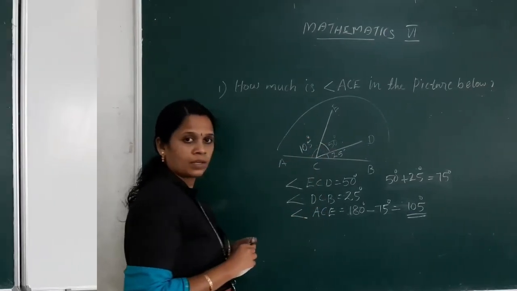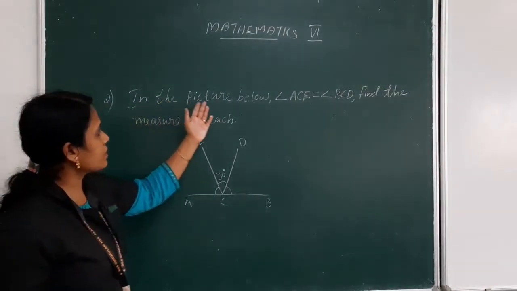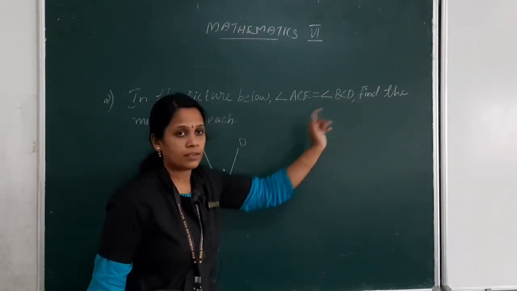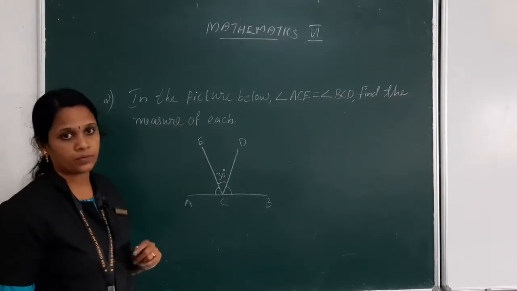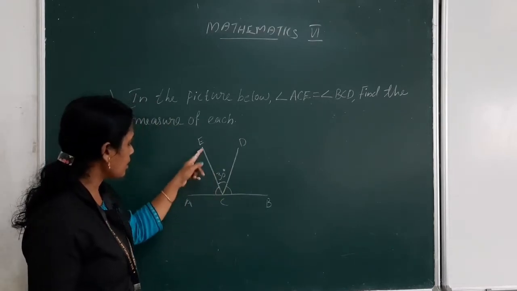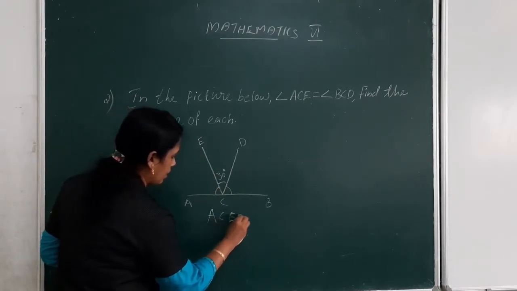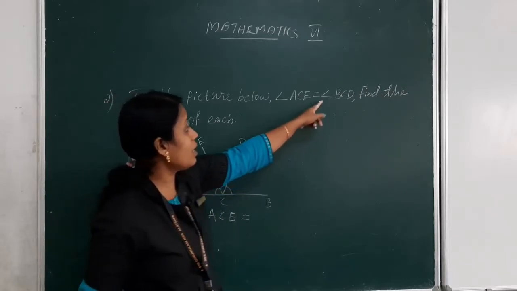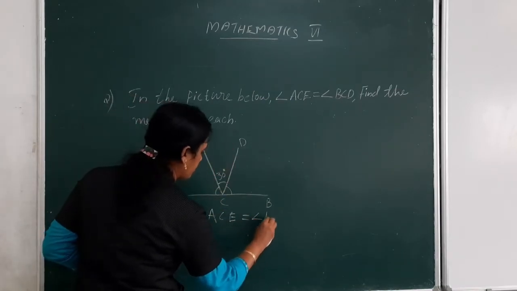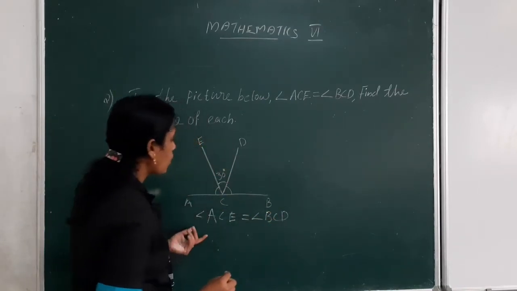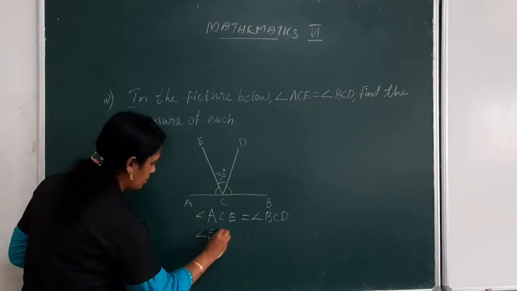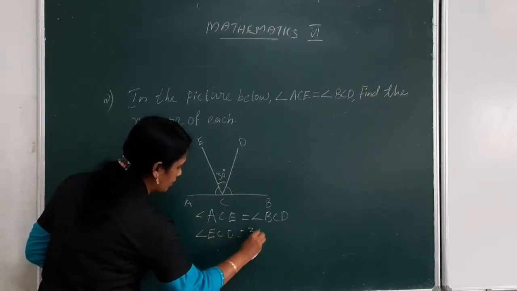So angle ACE 105 degree. Next question is, in the picture below angle ACE equal angle BCD. Find the measure of each. So here angle ACE equal angle BCD. So here angle ECD is equal to 30 degree.